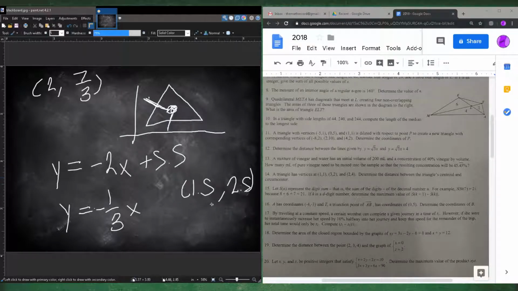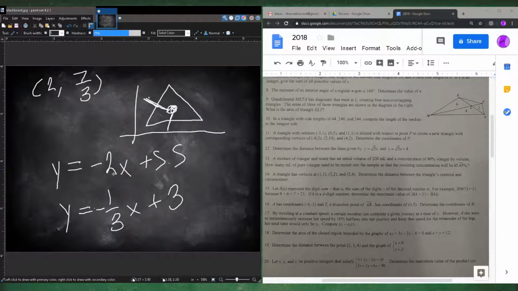Okay. So if we plug in 1.5 here, that's -1.5 over 3, which is just half of it, so that's -0.5. So you had to add 3. So this one's +3. Now you just have to set them equal to each other.